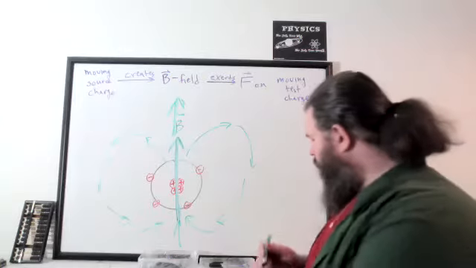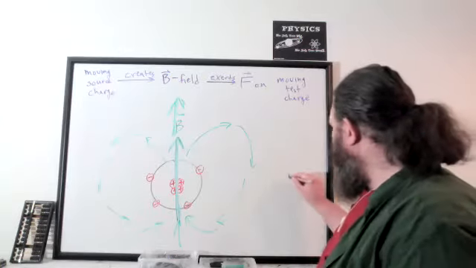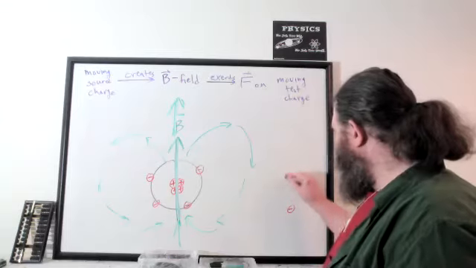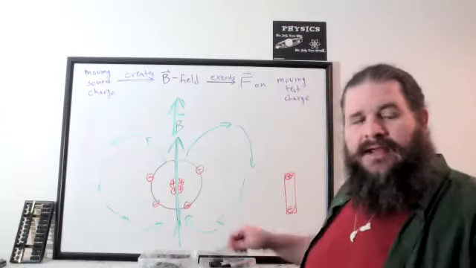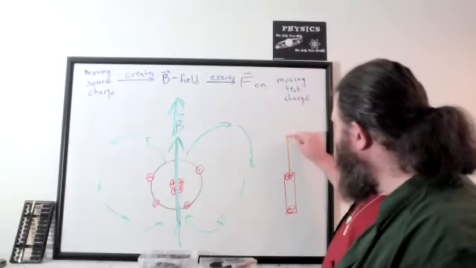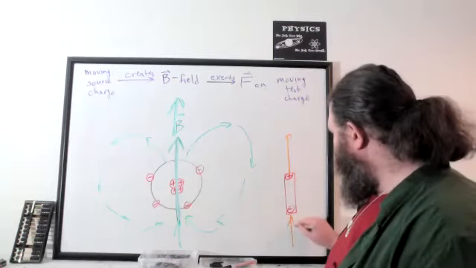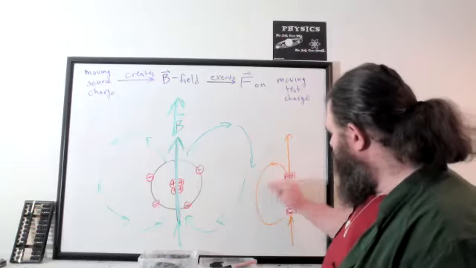An electric dipole, if you take a look at a positive charge and a negative charge as a dipole, the electric field that creates is outwards from the positive, inwards towards the negative, and looping around.